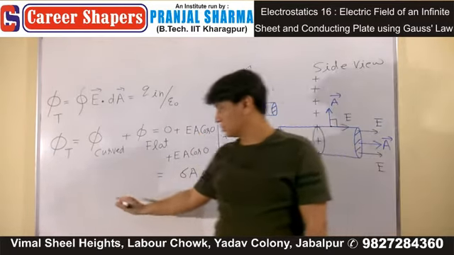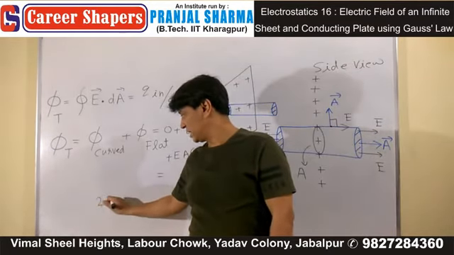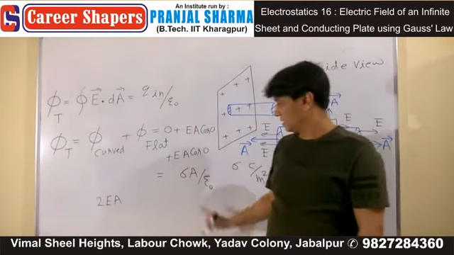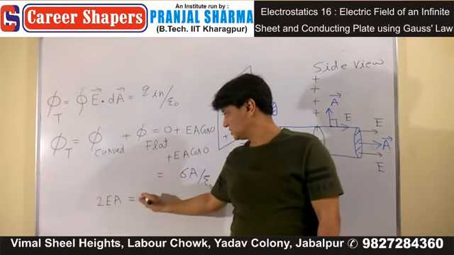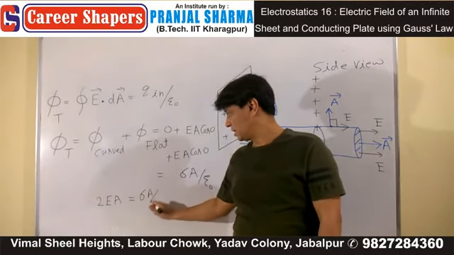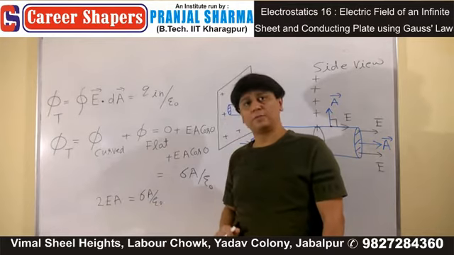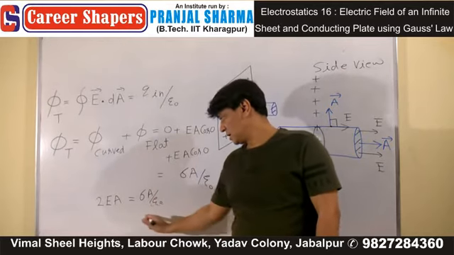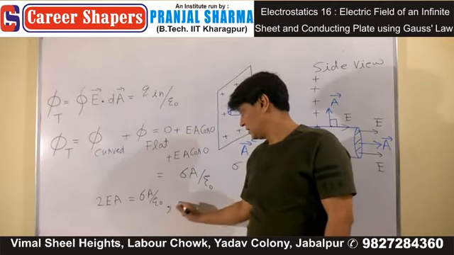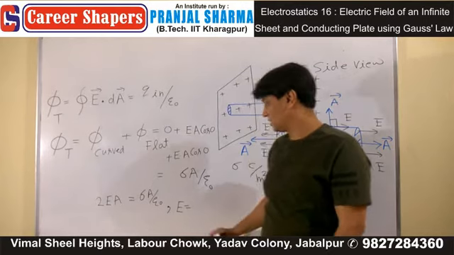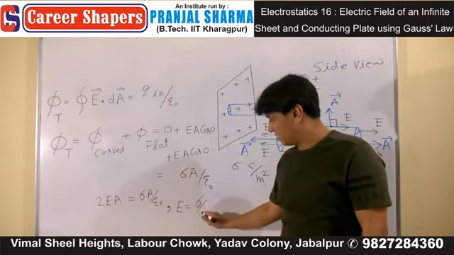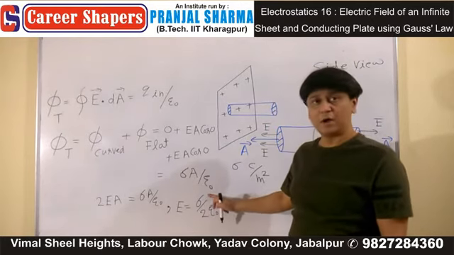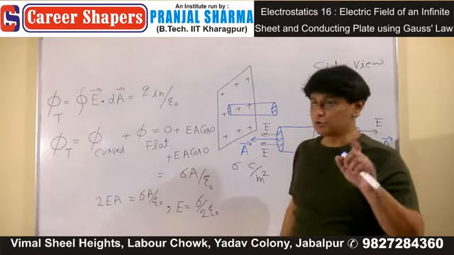Left side is 2 times EA plus EA, and the right side is sigma A upon epsilon 0. A and A cancelled, and your electric field E is coming sigma divided by 2 epsilon 0.